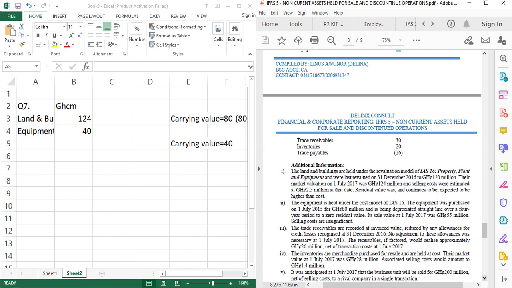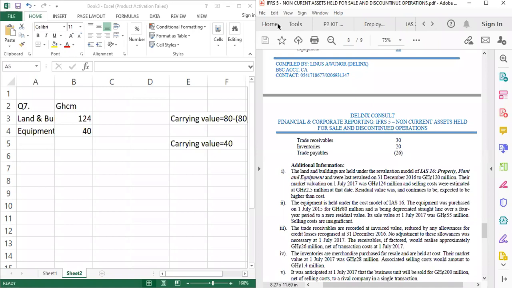Are we factoring something? Are we selling the receivables? Do you see any part of the question saying that the entity is willing to factor the receivables? No, they only said if factored. Okay, so it means that we are not factoring.